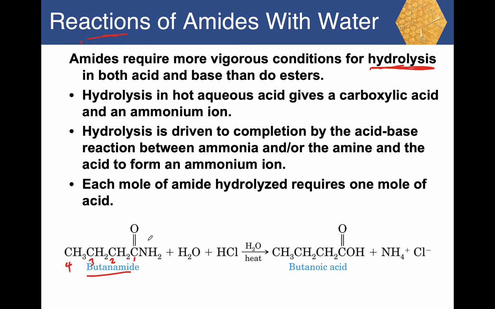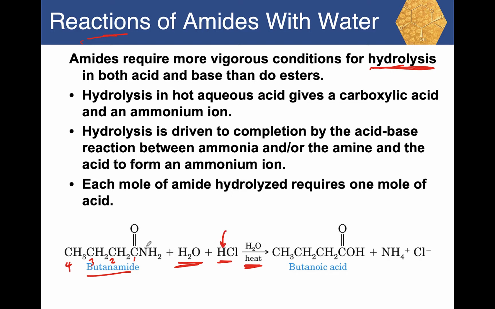So it's butanamide reacting with water in the presence of a catalyst, acid, and heat. Notice we have to apply heat because the amide bond is a very strong bond. We know that because peptides and proteins are amide bonds, and that's a very stable bond. So we really have to apply lots of heat and a catalyst, H+.